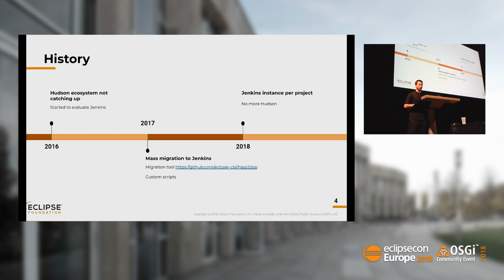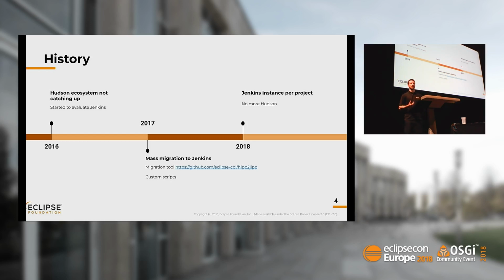And so we looked at mass migrating all our existing Hudson masters to Jenkins. Since it's been quite a while, since 2011, the configuration format changed to a certain degree, and so we had to create a little tool, which is also available on GitHub for the poor people that still use Hudson and might want to migrate to Jenkins at some point.